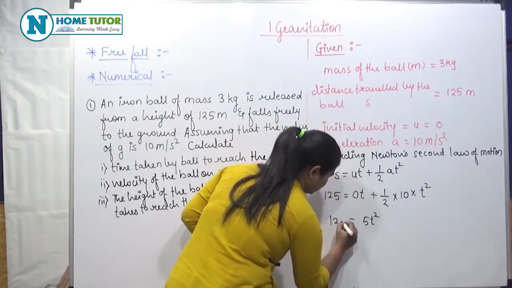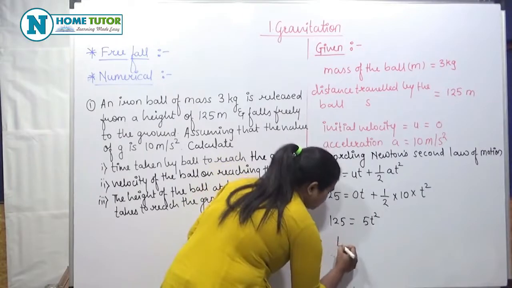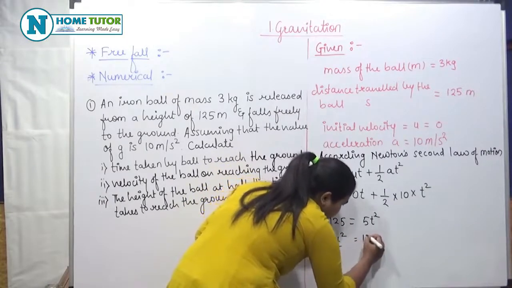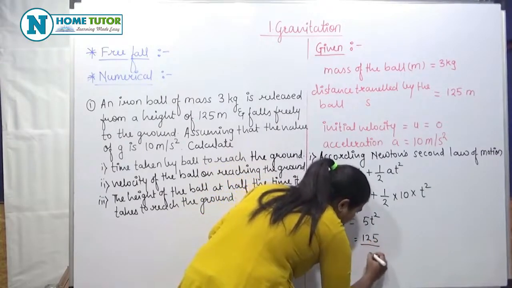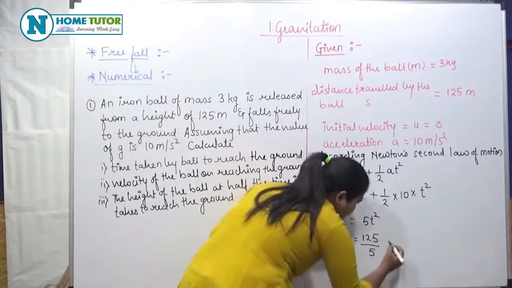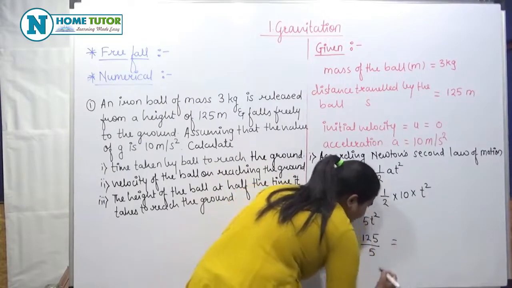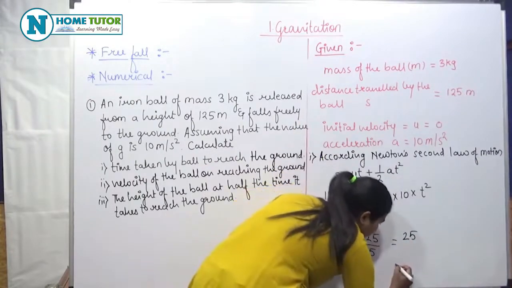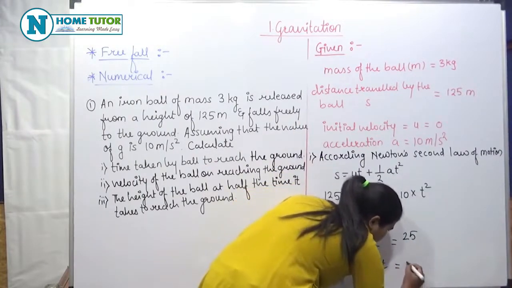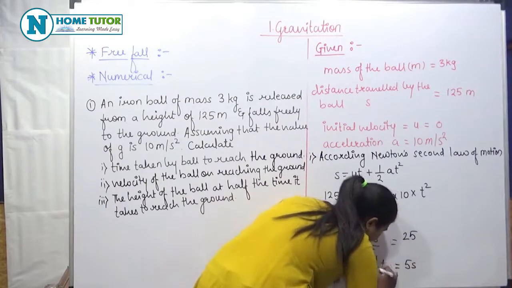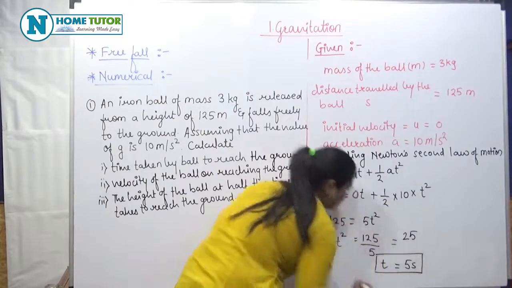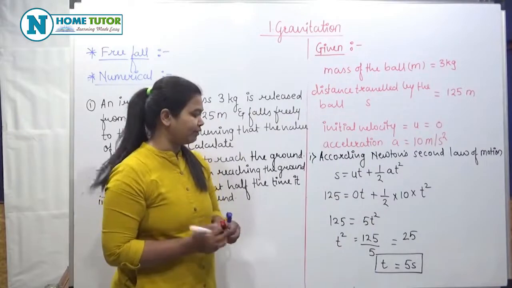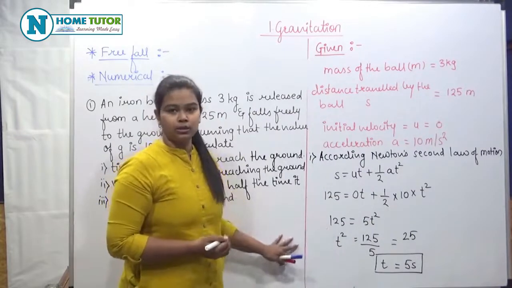So t square is equal to 125 upon 5, it is 25. Therefore t is equal to 5 seconds. Therefore the ball takes 5 seconds to reach the ground.